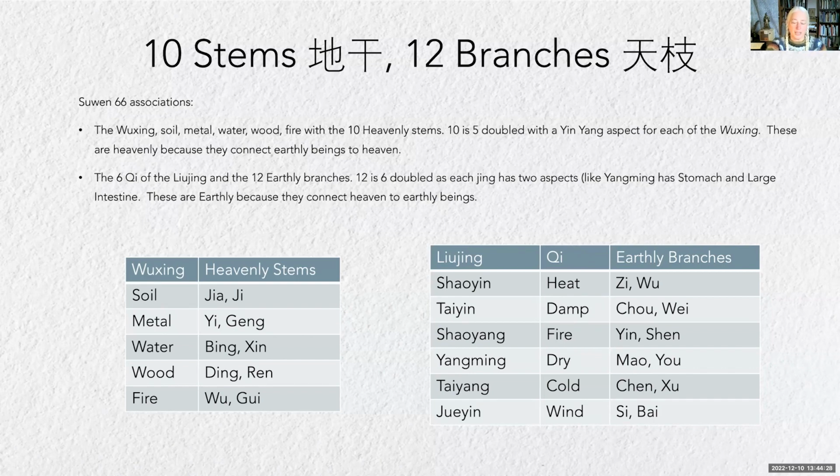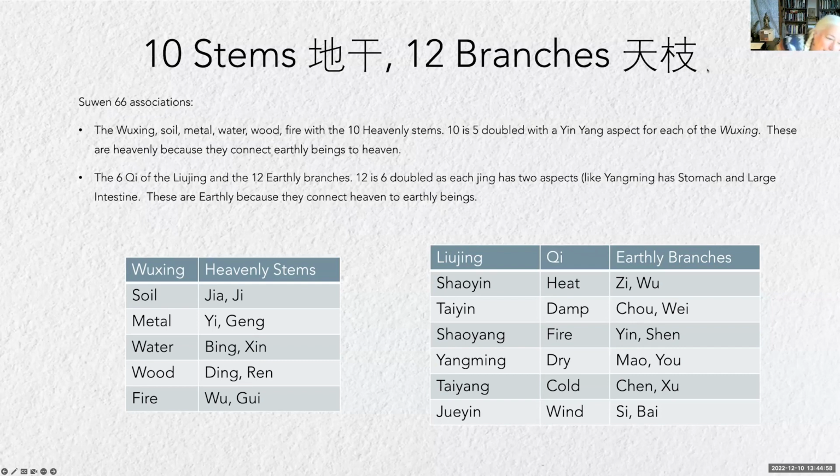Okay, so we start to see the connection in this chapter, and we've seen it in earlier chapters too, but here it's very explicit, and we see the connection between the number 5. You know what it is, I have these wrong up here. I have the 10 stems with the character for earth and the 12 branches with the character for heaven. So that should be switched. The 10 heavenly stems, the 12 earthly branches.